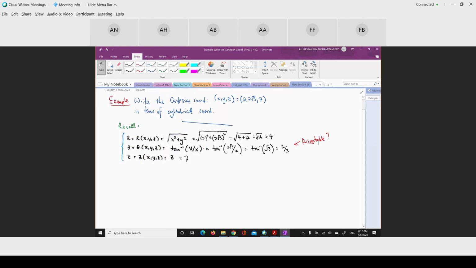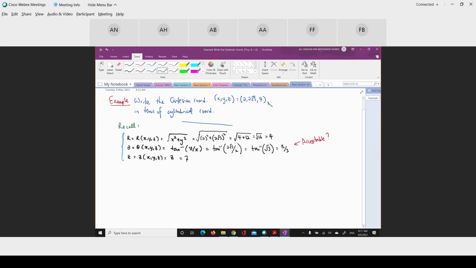It is in the first octant, isn't it? And x, y is in the first quadrant, so pi over 3 is also in the first quadrant.